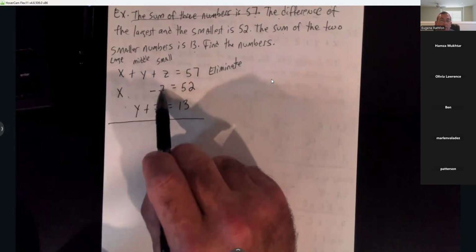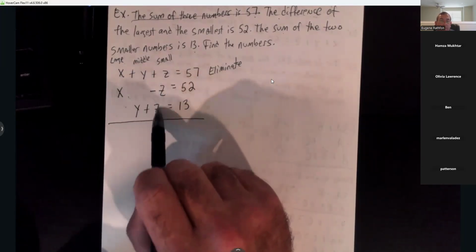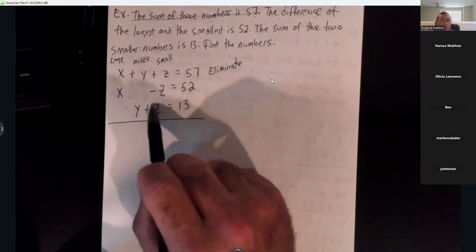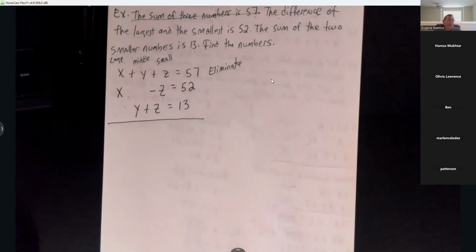Or look how easy the z's are. You can add these two and get rid of a z. Add these two and get rid of a z. It really don't matter which way you go. This one's easy eliminating any of those three variables.